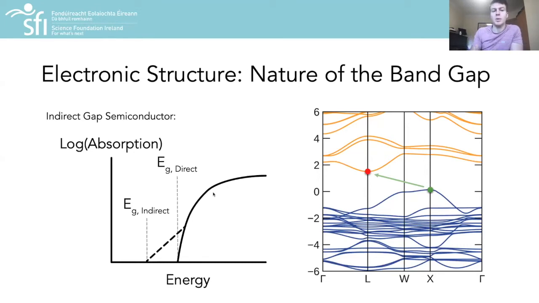So typically we don't want this for solar cell applications because direct gap semiconductors can use thin films in solar cells. So you only need a relatively thin material to absorb most or all of the solar spectrum.